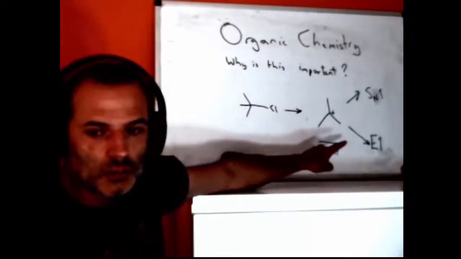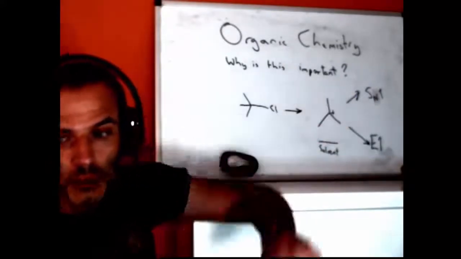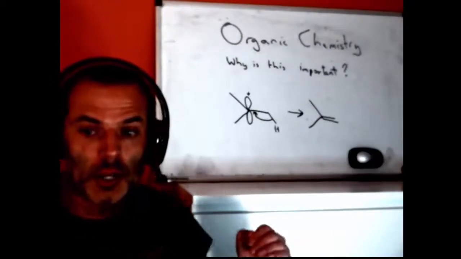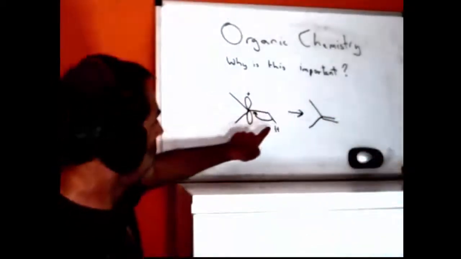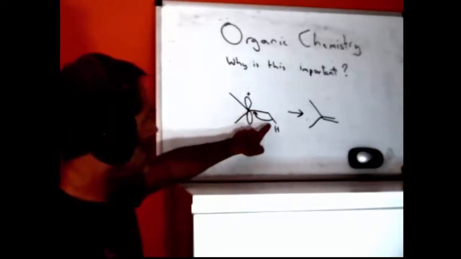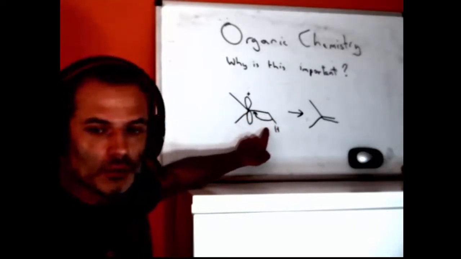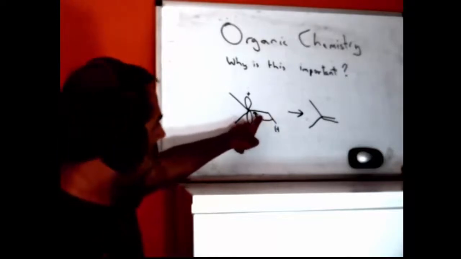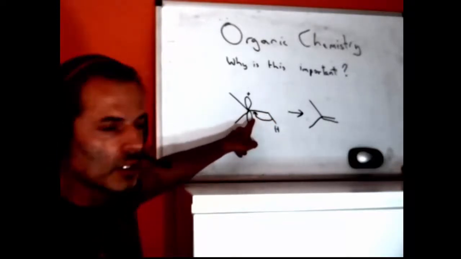There is an alternative reaction which I'll draw up now. So the alternative reaction, the elimination reaction, this proton, the H, on one of the methyl groups is removed. The electrons from the bond between the carbon and the hydrogen go in here and are absorbed into this orbital, neutralizing the charge.